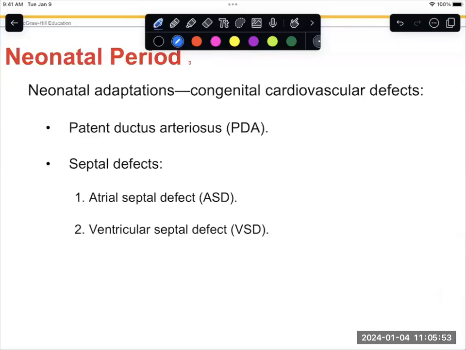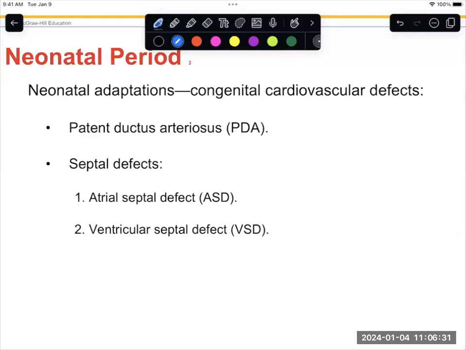So the cardiovascular system, during these neonatal adaptations of the fetus, is dependent on the placenta. So at birth, the two major cardiovascular system divisions, the pulmonary and the systemic circulations, become separate and operational. So the infant can provide their own oxygen and nutrients and remove carbon dioxide and fetal wastes.